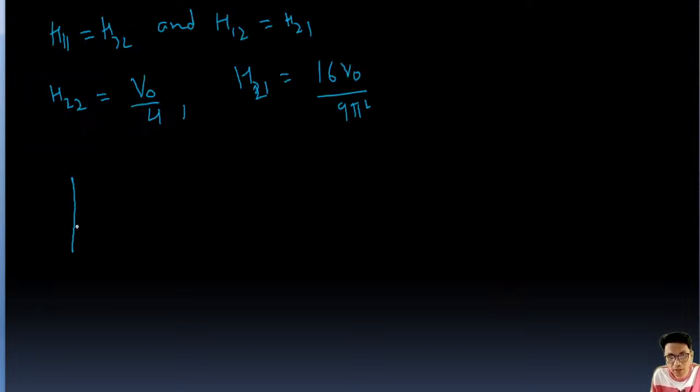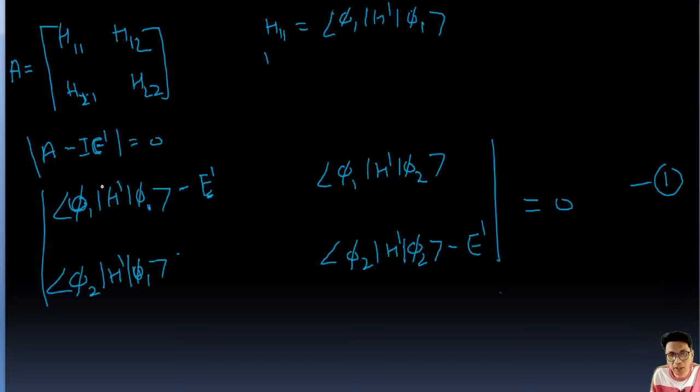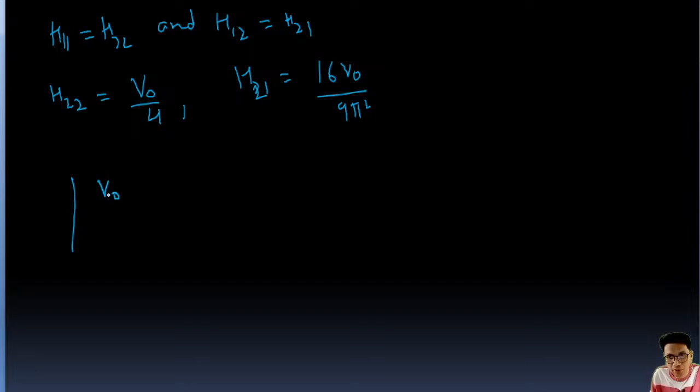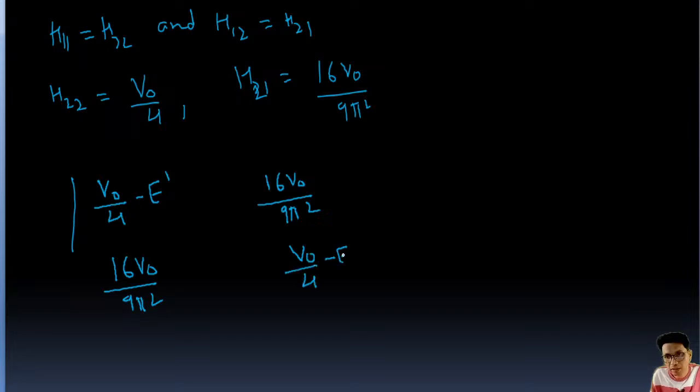This is H11, so it is going to be V0 by 4 minus E dash, and this value is going to be 16 V0 upon 9 pi square. And H22 is V0 by 4 minus E dash.